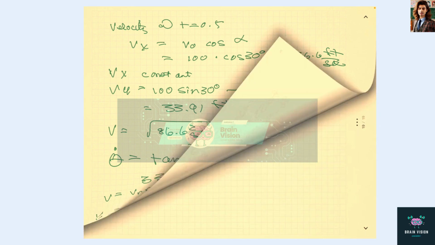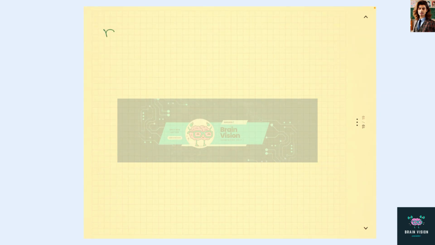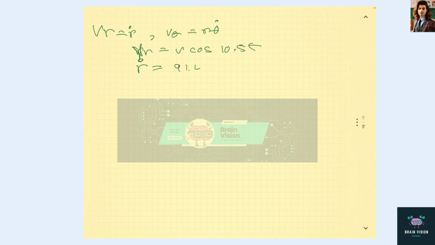Okay, so we know that vr equals ṙ and vθ equals rθ̇. So vr equals v times the cosine of 10.55, and our ṙ will be equal to 91.42 feet per second.